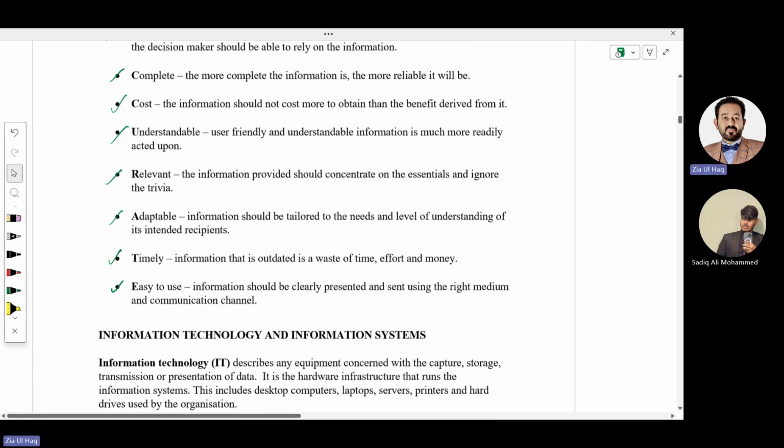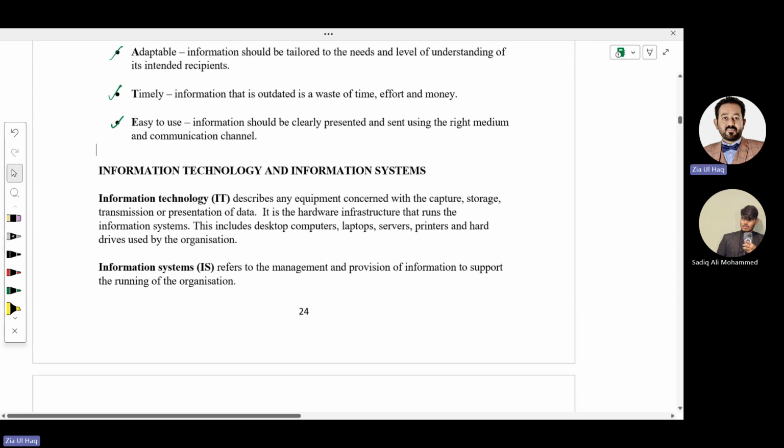So let's move forward. They have differentiated IT and IS. What is IT? Any equipment concerned with the capture, meaning receiving, storage, transmission, meaning retrieving, and presentation, meaning processing, of data. It is the hardware infrastructure that runs the information system, and is a part of IS.